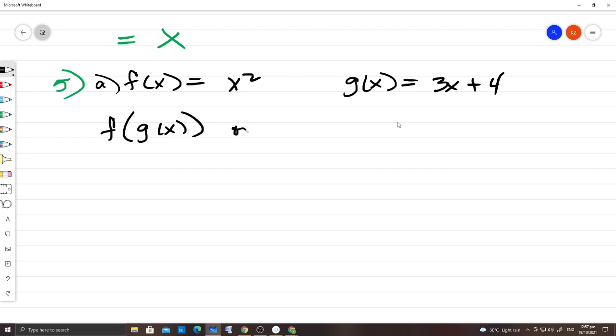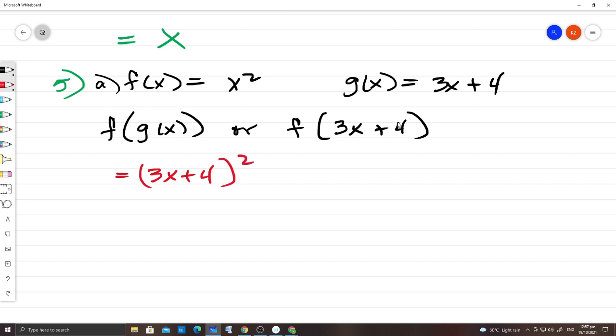So for this one, f is composed of 3x plus 4. So we have 3x plus 4, quantity power of 2, or 3x plus 4 times 3x plus 4.